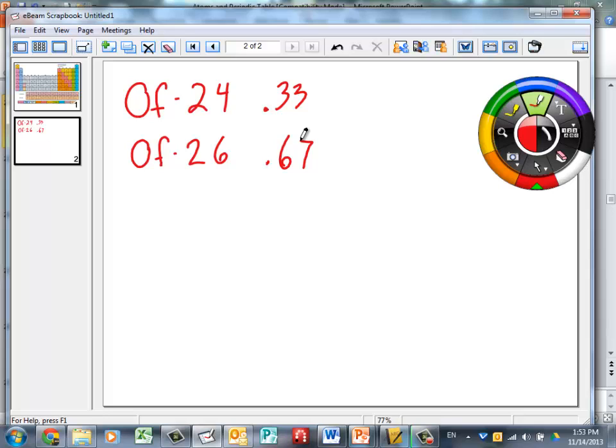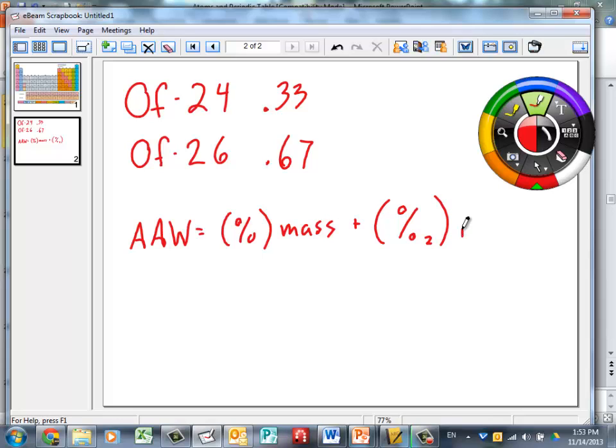From the work we saw before, the average atomic weight is equal to the percentage times the mass, plus the percentage of the second one times the mass. And so we can just fill in here.